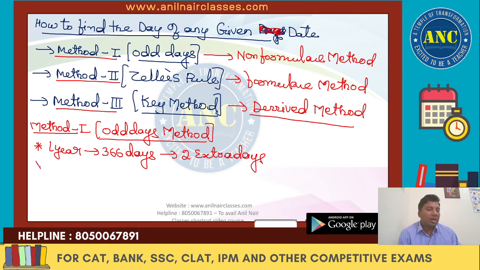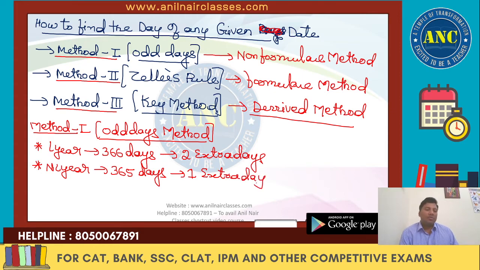A non-leap year has 365 days: 52 into 7 plus 1. A non-leap year will have 1 extra day.